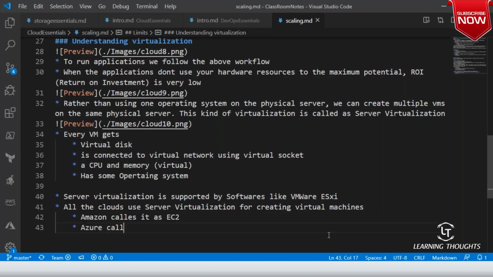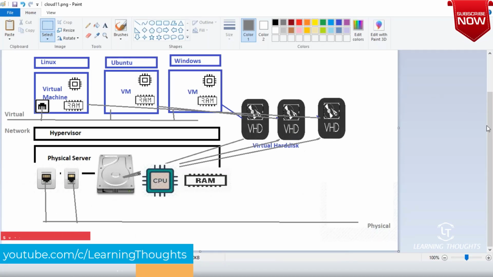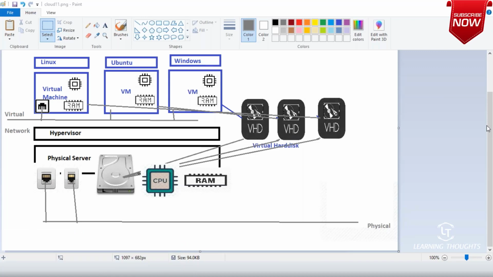Azure calls it Azure VM. Am I clear on this? Is it making sense now? So you go to any cloud, the story is the same. Everything a virtual machine gets is generally from a physical server. Clear on this?